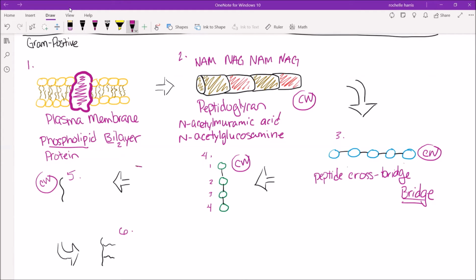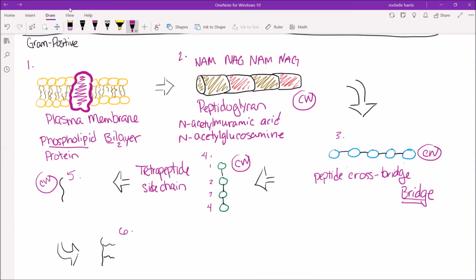The next one, our clue was 4, tetrapeptide side chain. Yep. Side chain.